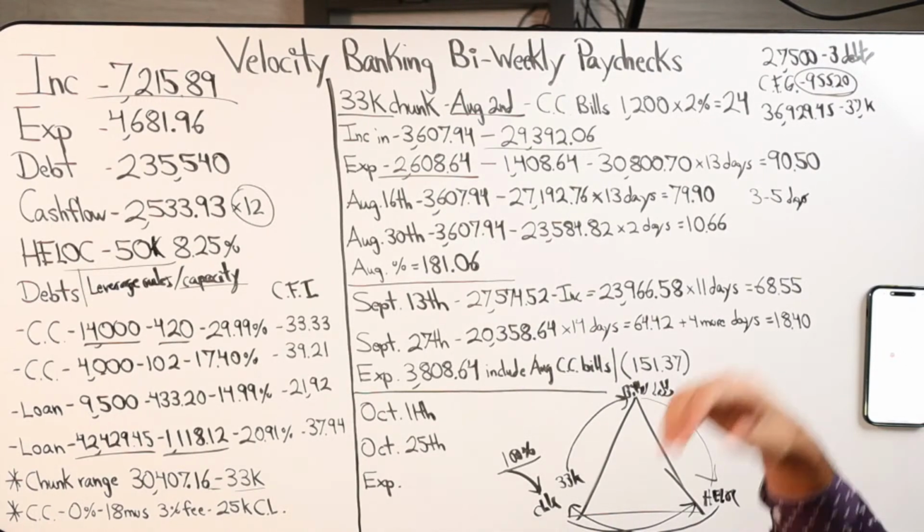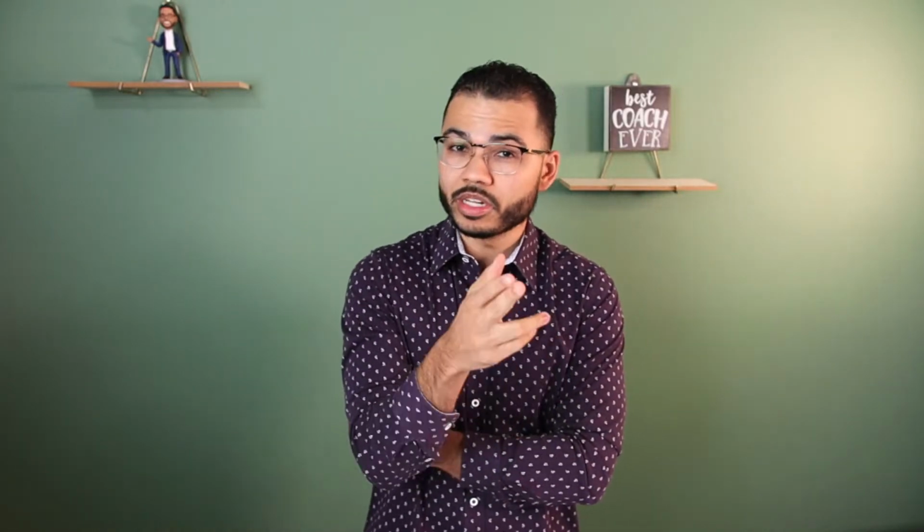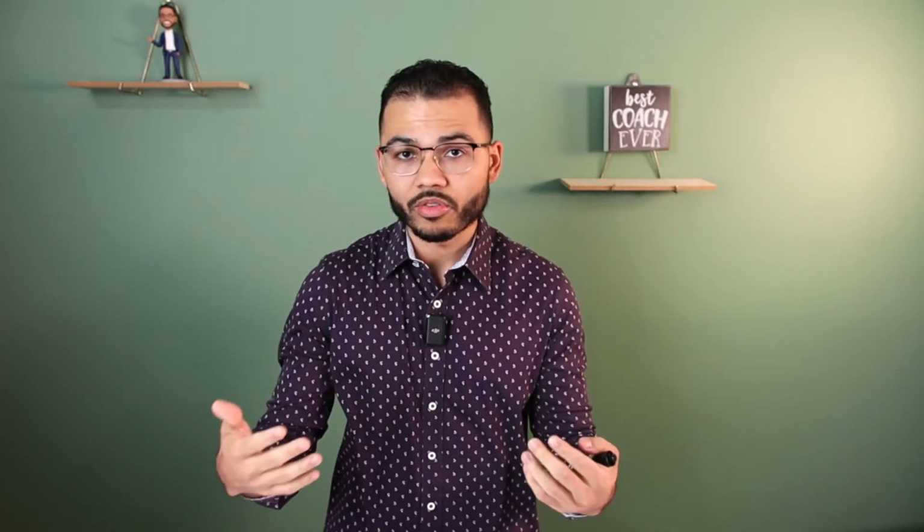Now, if we display proper discipline, my friend, okay, as long as you have proper discipline and can track the expenses you're running on credit cards to pay bills, to get cash back rewards, and to reduce your borrowing costs on the home equity line of credit, as long as you have discipline and good tracking, I'm all for it. Do it.